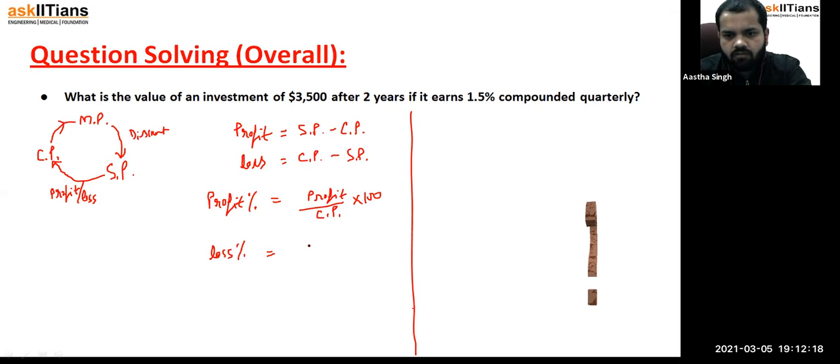That is loss divided by cost price, multiplied by 100. What is the formula of discount? Discount is market price minus selling price.